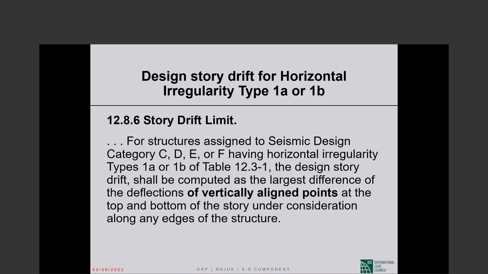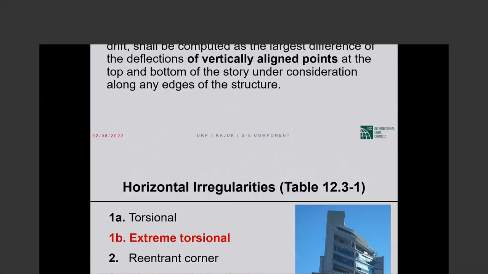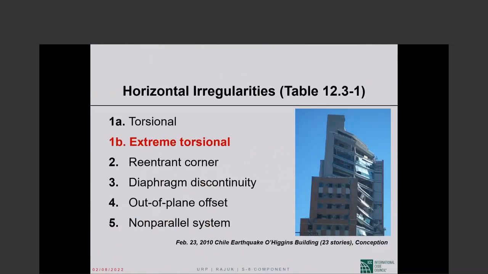So we will have to look at the difference of deflections of vertically aligned points along the edges. Now, theoretically, you have to go around the edge, but with some experience, you kind of know where to take these vertically aligned points. But the point remains that you cannot go with the deflections at the center of mass anymore.